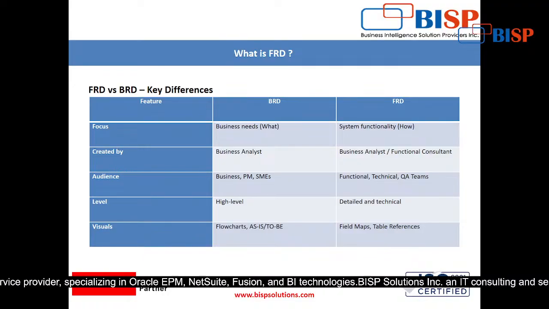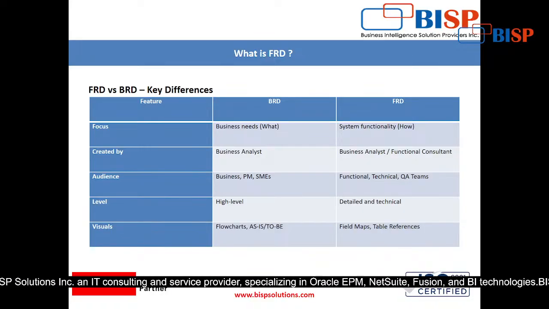Now another is visuals. Visuals means flowcharts, as is and to be. Now see here, flowchart as is, if you remember, as is and to be document we have already discussed in our previous sessions. As is means whatever they are using currently. To be means whatever change they want.